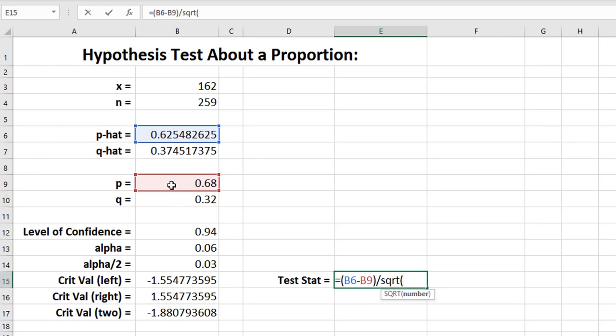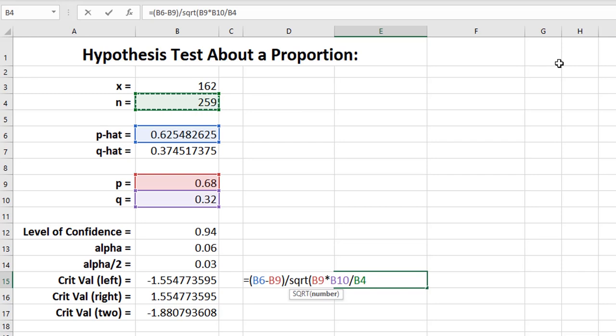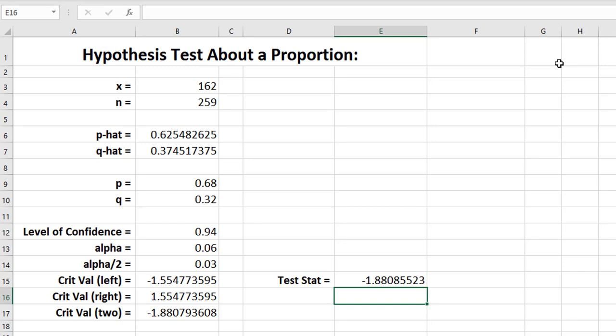We can say p times q divided by the total number of things we have, and close that parenthesis and press enter, and you can see it's negative 1.881. If I compare my test statistic to my left tail critical value, negative 1.55477, etc., I can see that this falls in my rejection region.